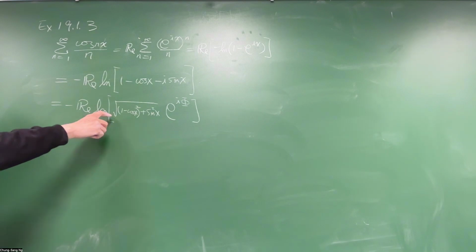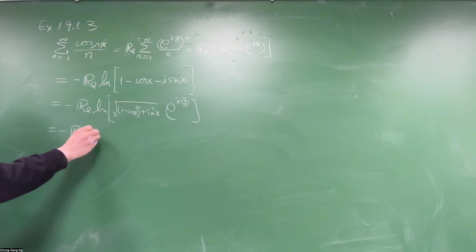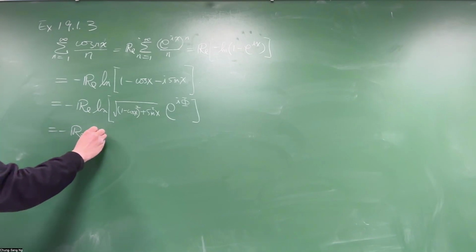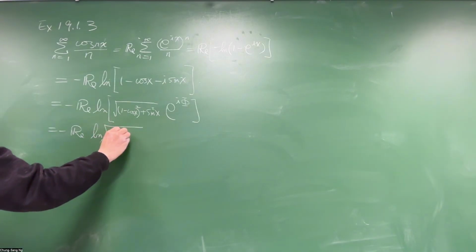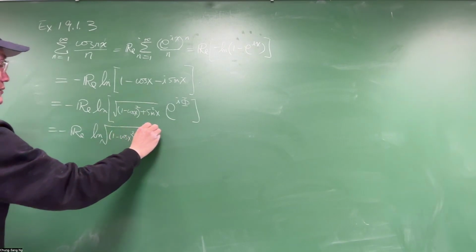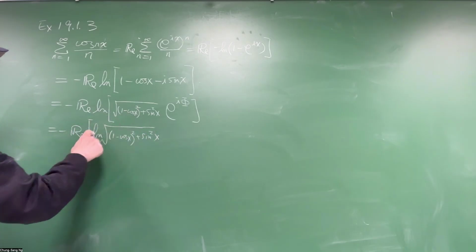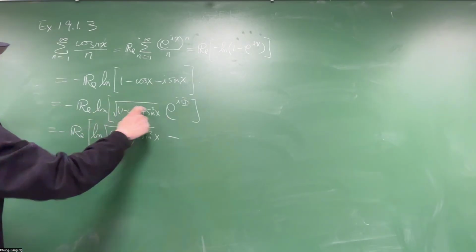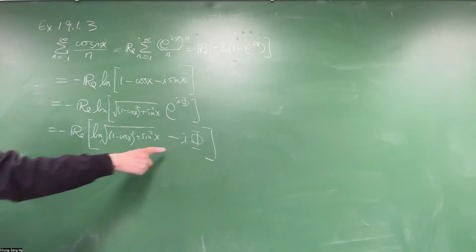Because the first factor will give you log of this. That's the first part, and the second part would be just alpha. That is the imaginary part.